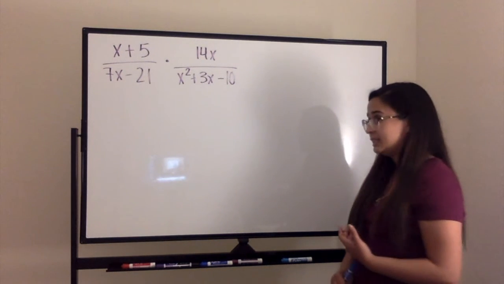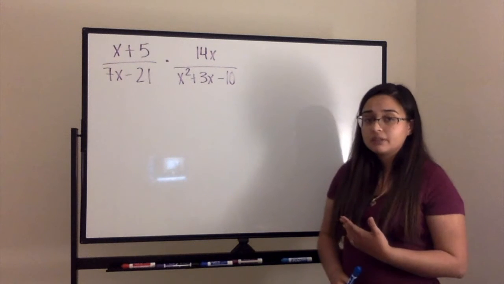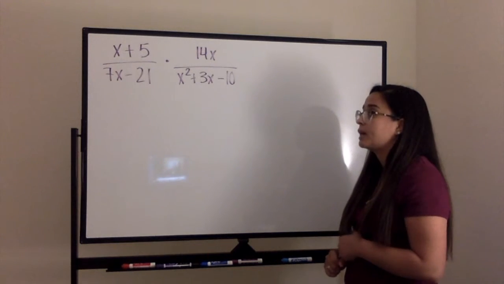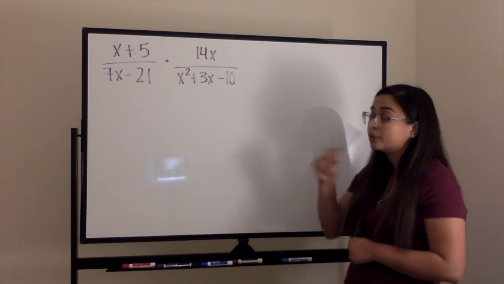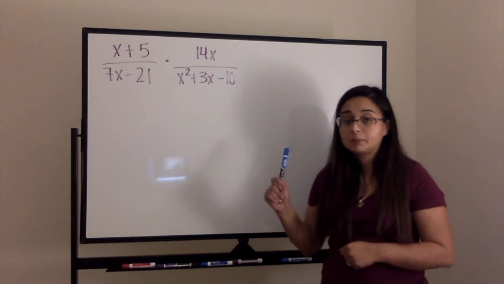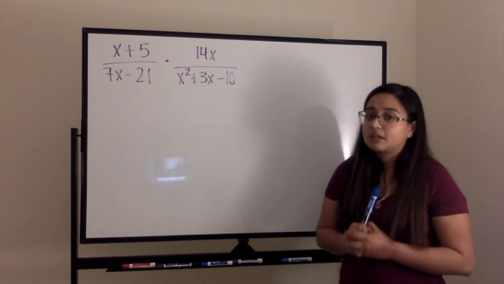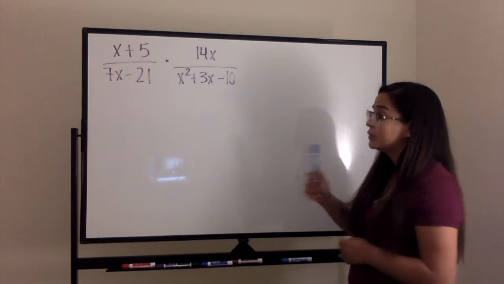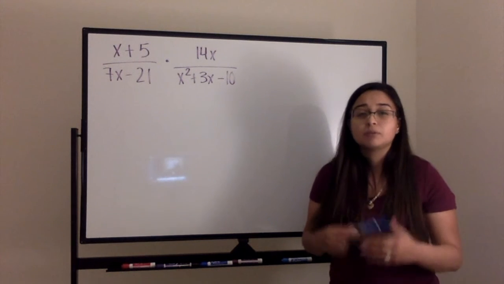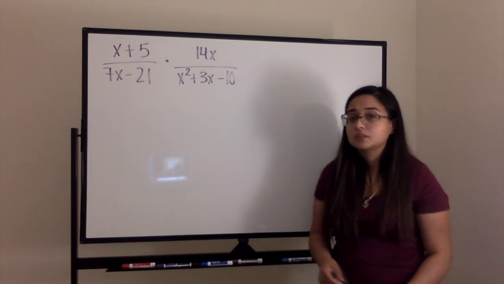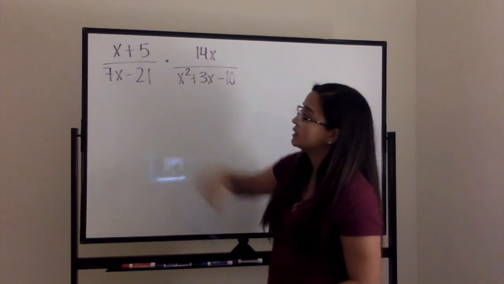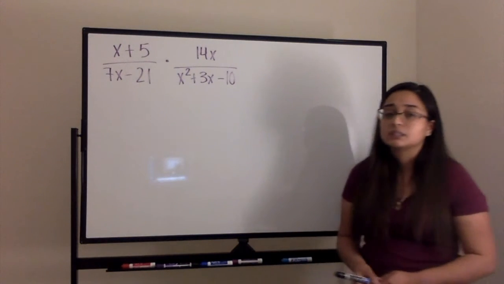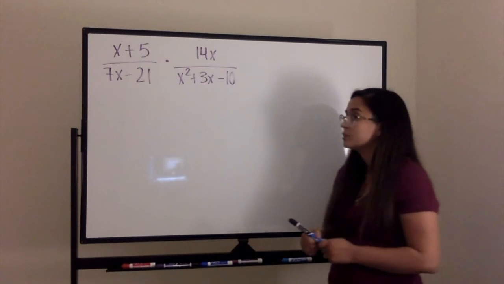As you can see, just by the look of it, I know that both of my numerators, which is the top numbers for both, are factored out as far as they can go. But both of my denominators can still be factored out some more. So let's start off with 7x − 21.